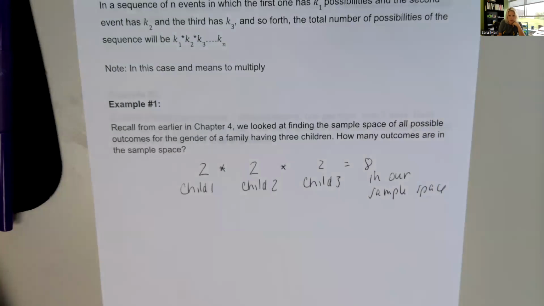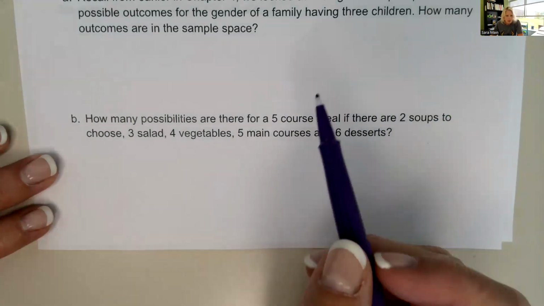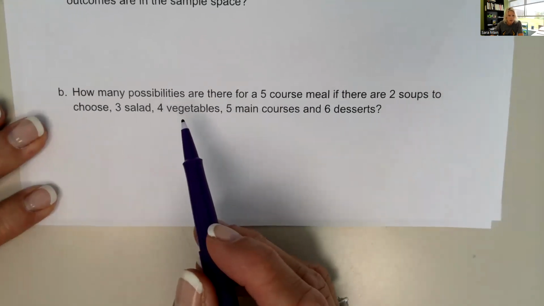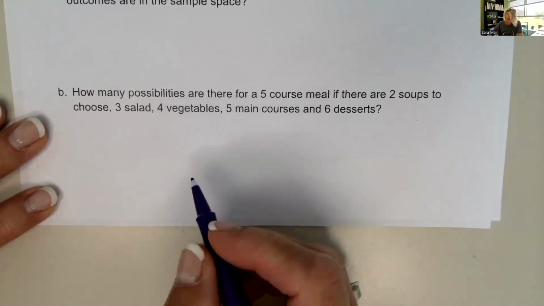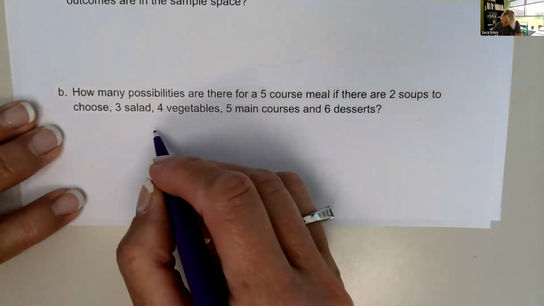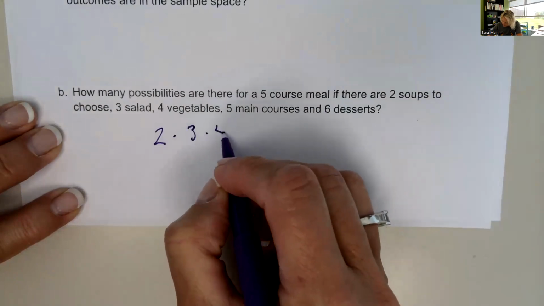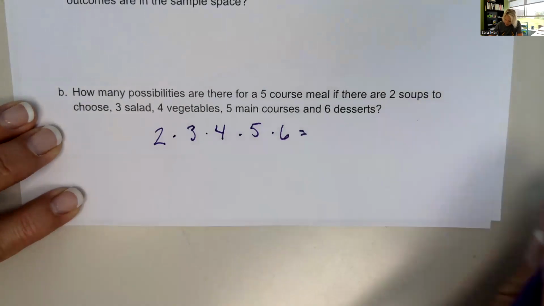Let's look at another example. How many possibilities are there for a 5-course meal if there are 2 soups to choose, 3 salads, 4 vegetables, 5 main courses, and 6 desserts? So for the soup, there are 2 times 3 salads times 4 vegetables times 5 main courses times 6 desserts.